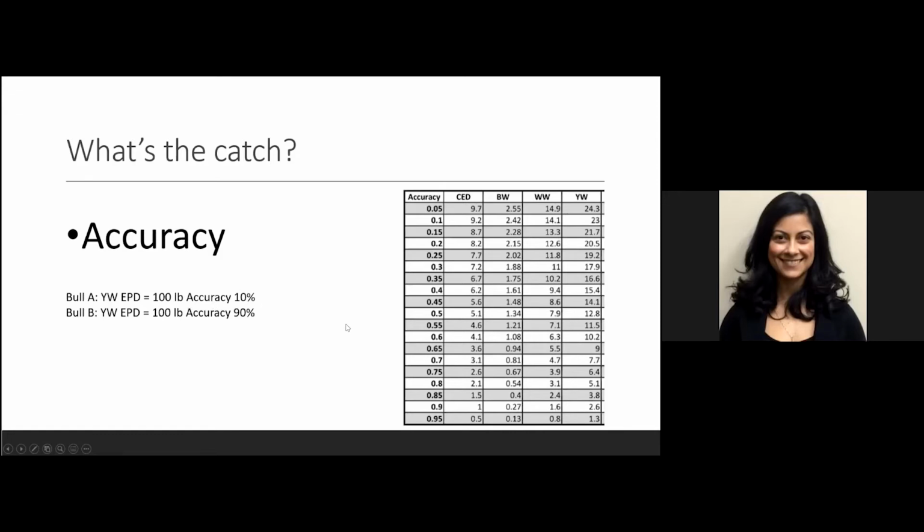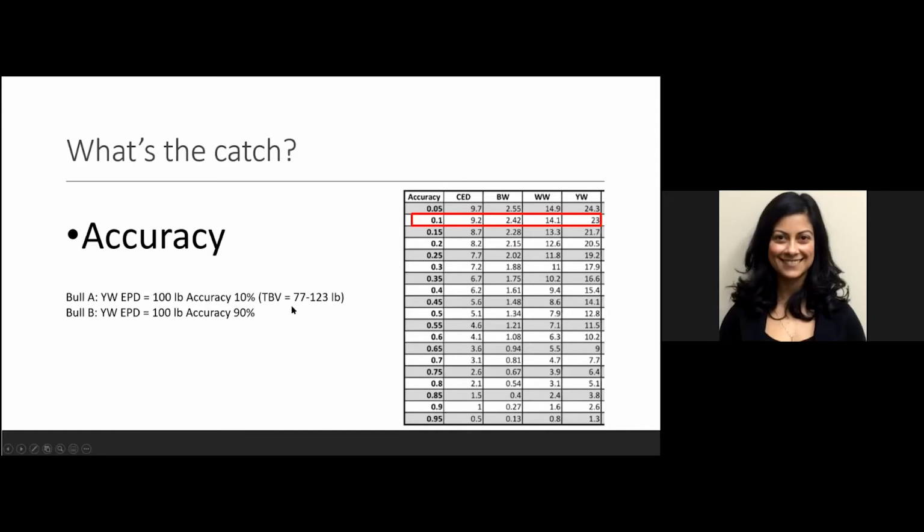What does that really mean? That means, have a look at the possible change table right here. So 10% accuracy, yearling weight EPD, okay? And it shows you 23 pounds. So this means that this EPD could change plus or minus 23 pounds.